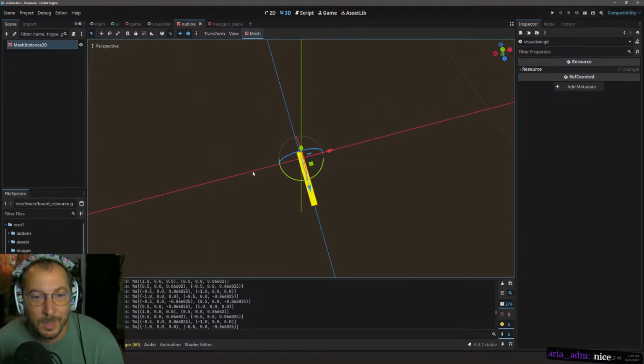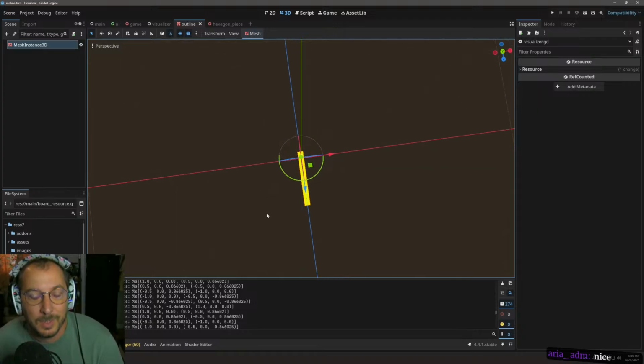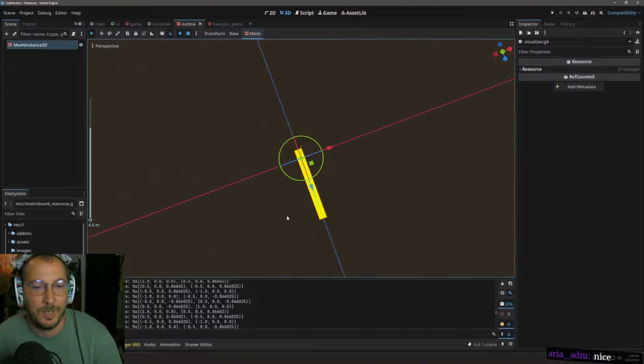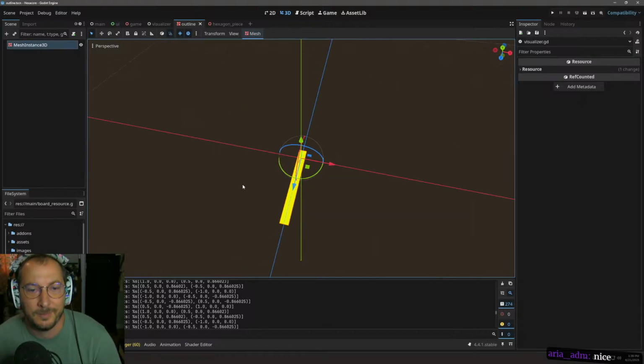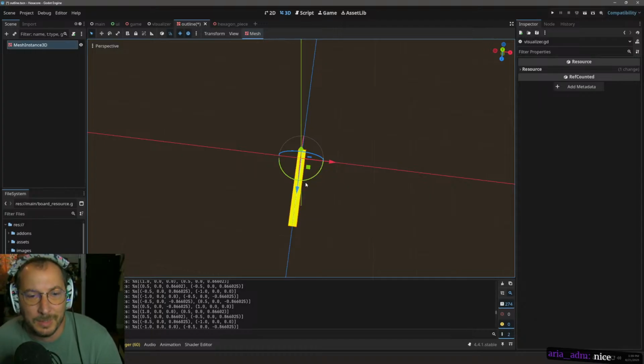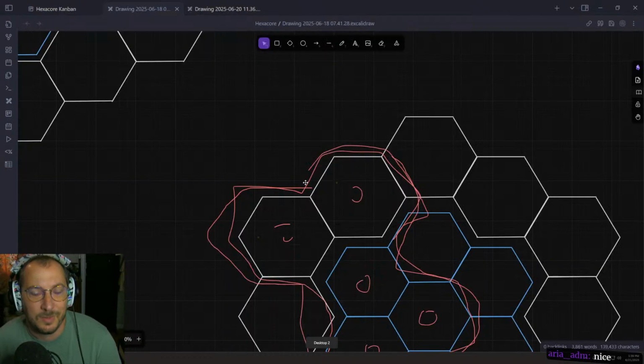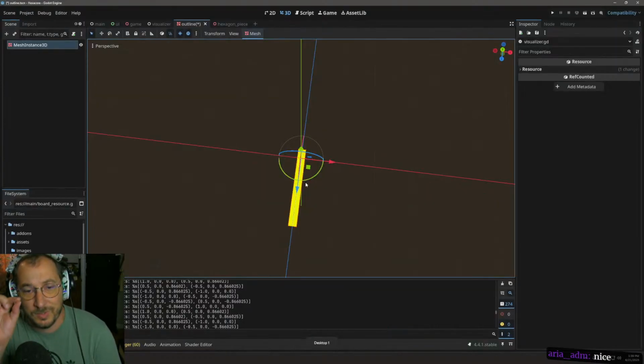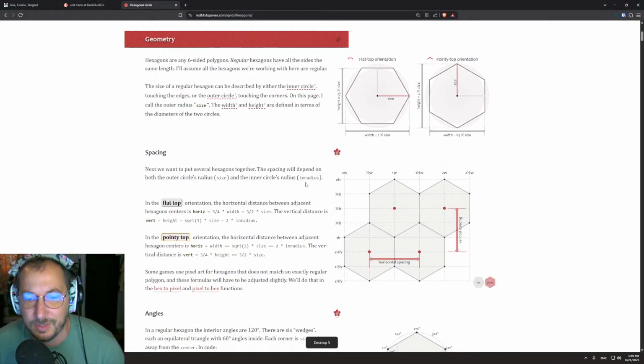Okay. And the hard part here is going to be the fact that we actually need to either rotate to get the other side to the point. So maybe what we need in this array is just the 1 point and then the angle, which is always what? 60 degrees, right?